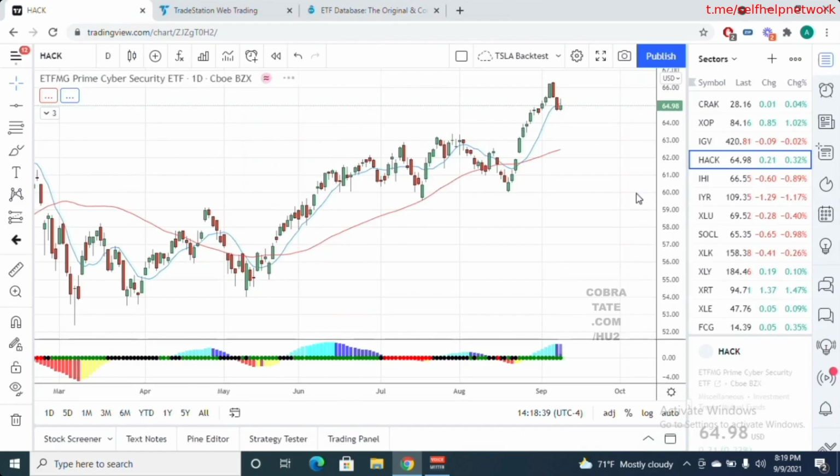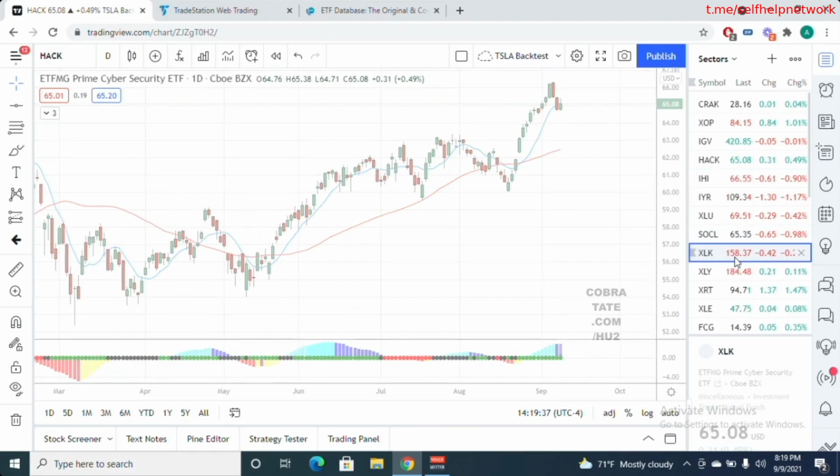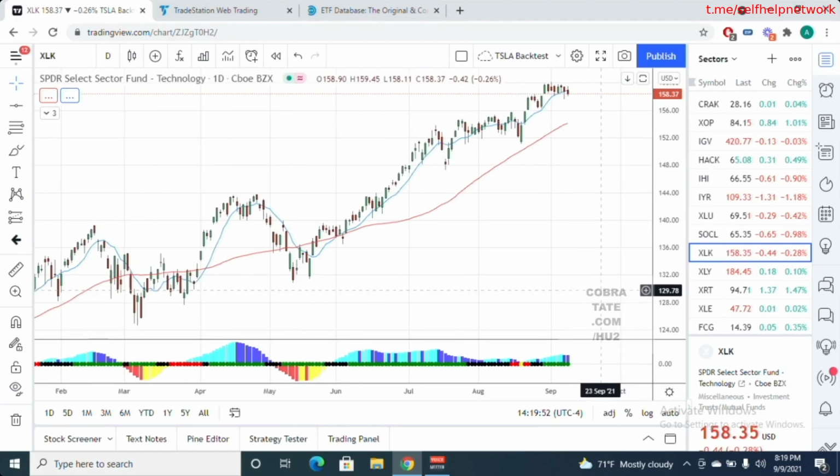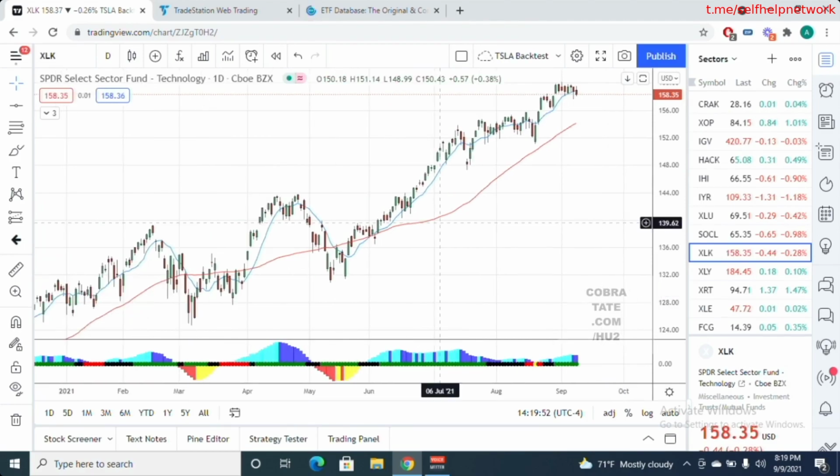So this is my process, right? Another one to look at, XLK, is the large cap tech, right? This is where your Google, Microsoft, Apple, all of them are. So this broke out of a beautiful box around this region, around 140, and look at the rally it had.